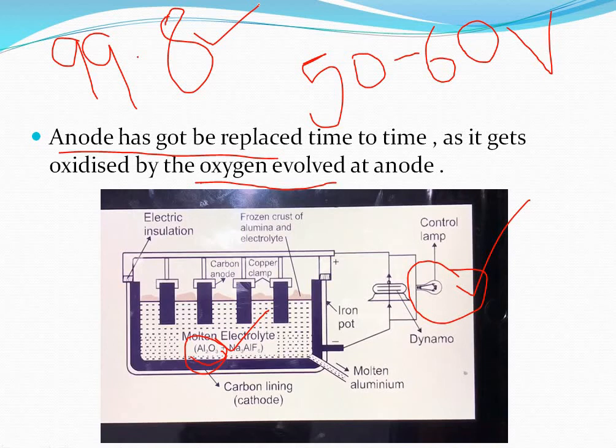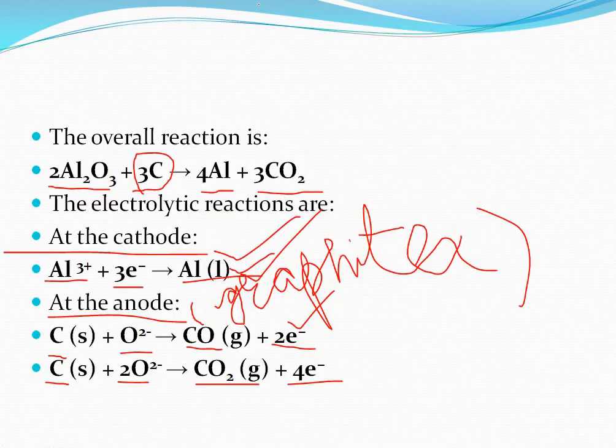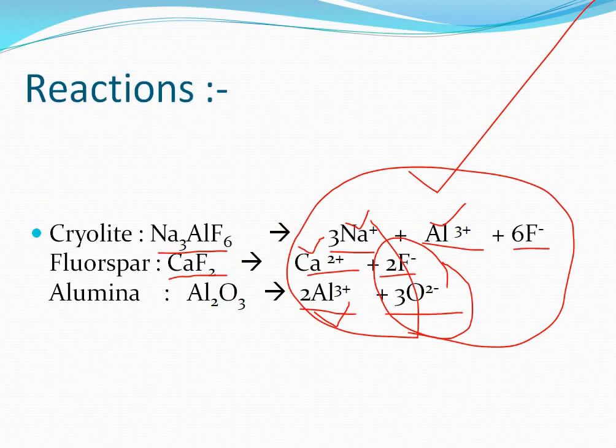Further, there are some uses of the cryolite, some use of the fluorospar, and some use of the coke we are using, and the rest of the things. The very first thing is, what is the use of this cryolite? That cryolite, Na3AlF6, is the substance we use to lower the fusion temperature.